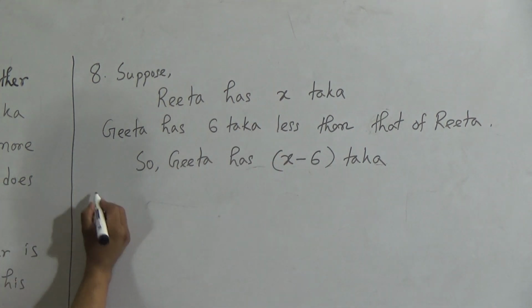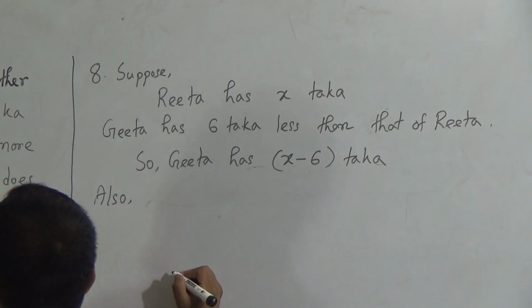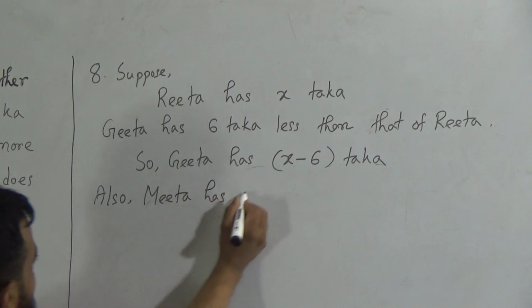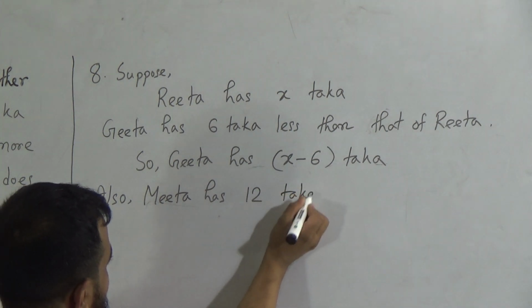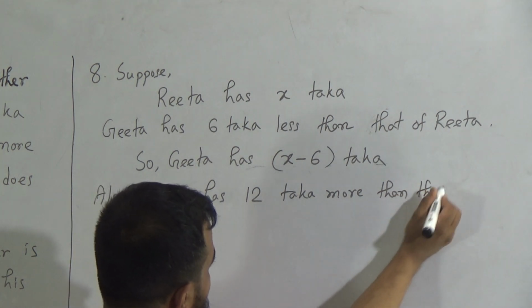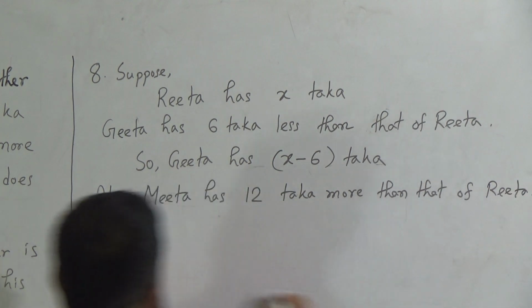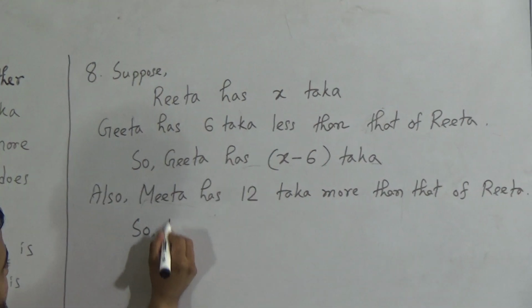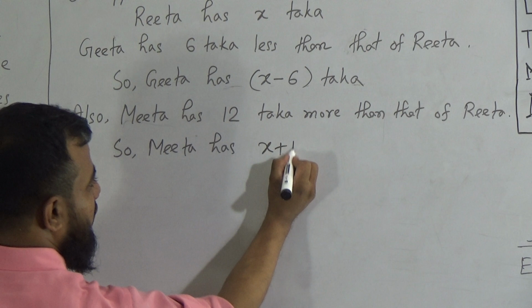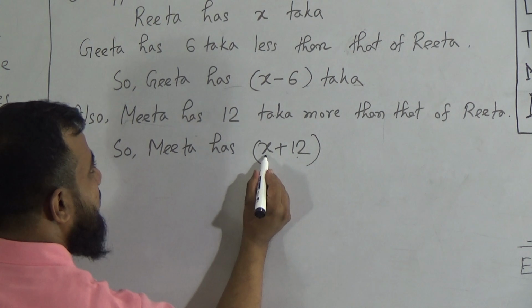Okay. Now also given in the question, Mita has 12 taka more than that of Rita. So Mita has x plus 12, because Mita has 12 taka more than Rita has.